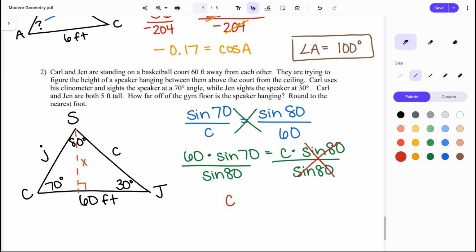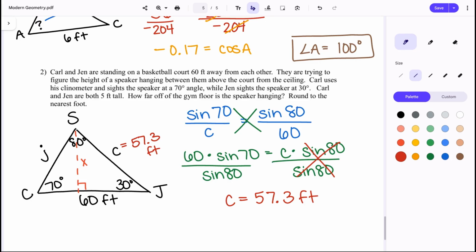This will get you little c. 57.25, so like 57.3 you said? Yeah. Okay. And that would be feet. So this side here is now 57.3 feet.